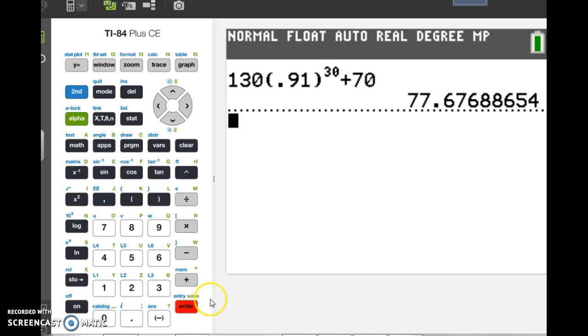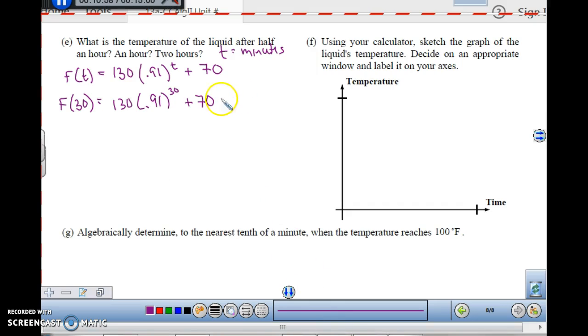And it will be approximately 77.691 degrees. So that's after 30 minutes.